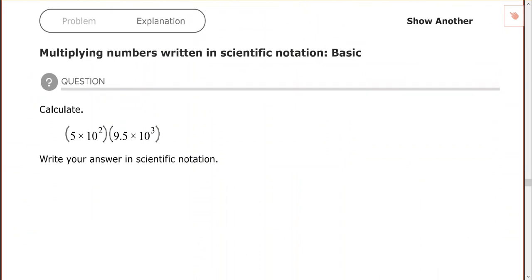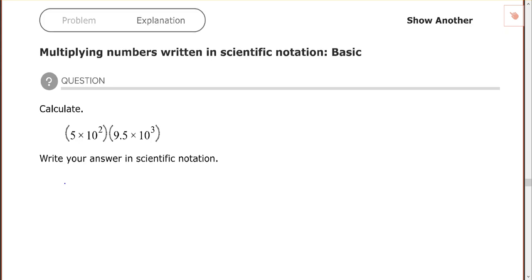All right, multiplying numbers written in scientific notation. When you multiply numbers that are written in scientific notation, we're going to use our commutative and our associative rules first. So here I have 5 times 10 to the negative second and 9.5 times 10 to the negative third.